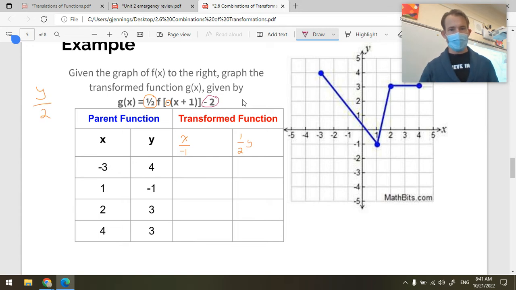This one is a c transformation. So we're going to have 1/2 y minus 2. And then this here, this is a d transformation. We are adding or subtracting directly to the x value. I see that it's +1, so I know to flip that sign as I pull it out. d is -1, and so I have x divided by -1 minus 1.